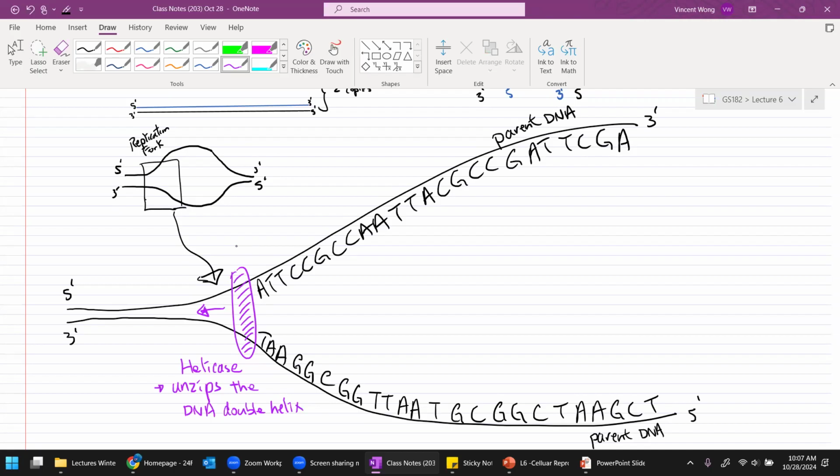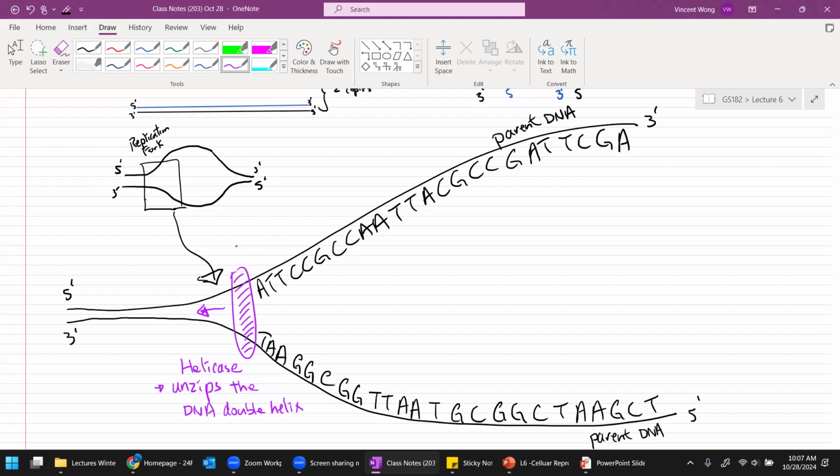The T is bonded to the A with two hydrogen bonds, but the helicase will unzip the DNA. On the other side of the fork, you would have another helicase, right? So you basically unzip in both directions. Is that okay? That's helicase.